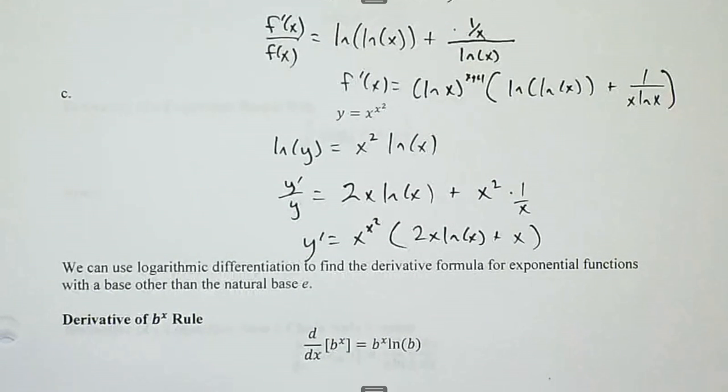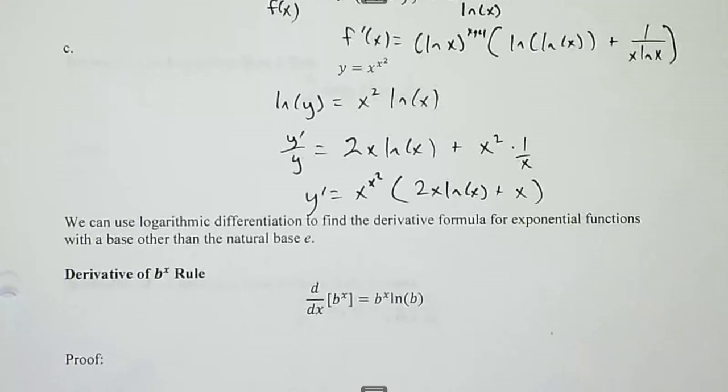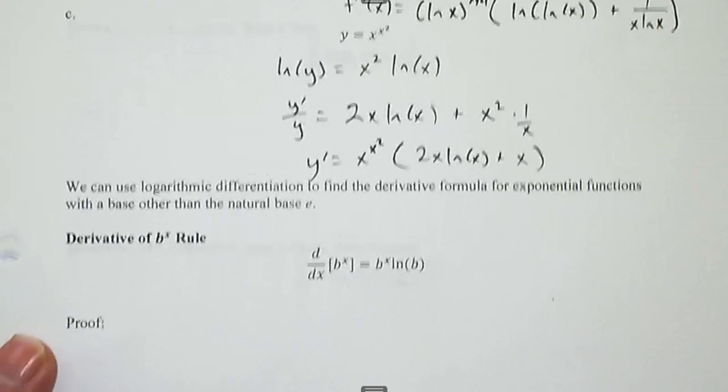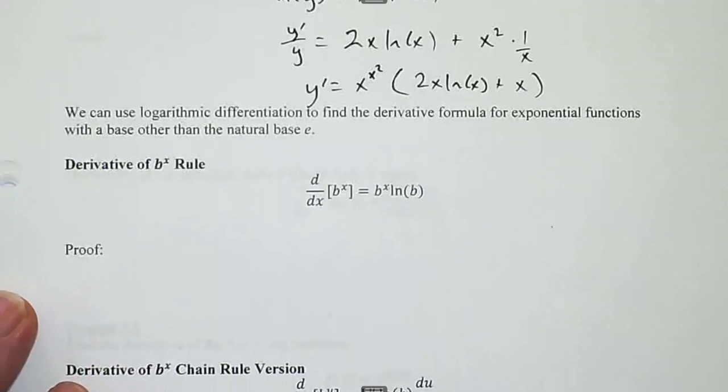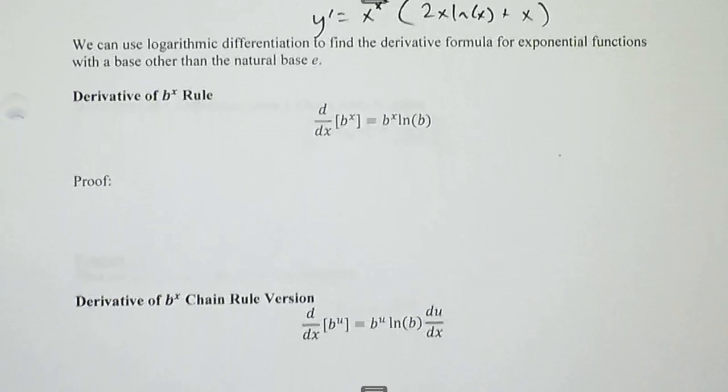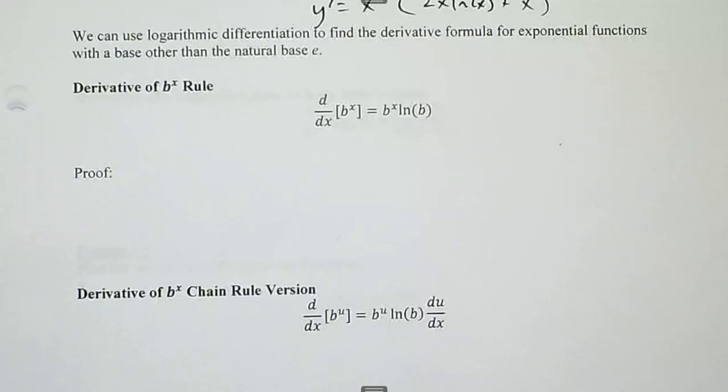Okay, so we can use logarithmic differentiation to find the derivative formula for exponential functions with a base other than the natural base of e. So these two rules, the last two rules that you have to learn for derivatives for AP Calculus, are actually kind of optional.